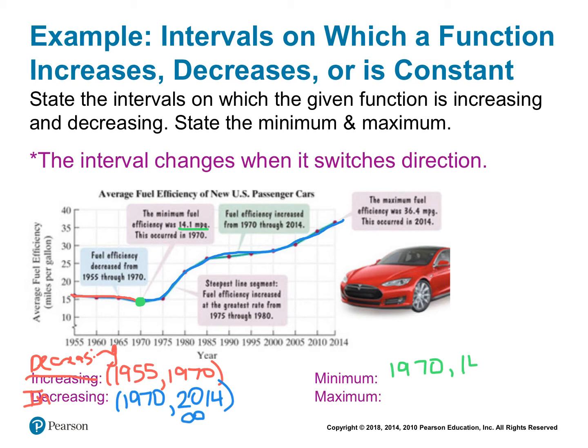So as a coordinate, we could say this, and we'll look more about how to write the minimum and maximum later on. The maximum is wherever it reaches its highest point. So here in 2014, and it's around 35. If you look over here, it gives you an exact amount of 36.4.